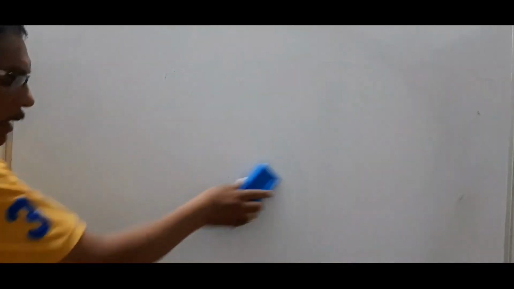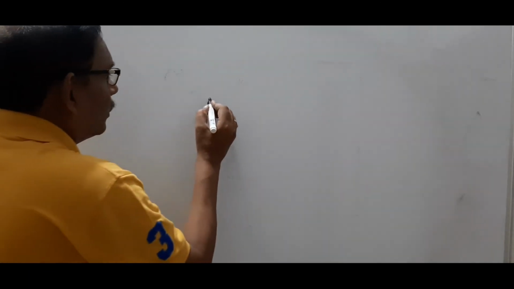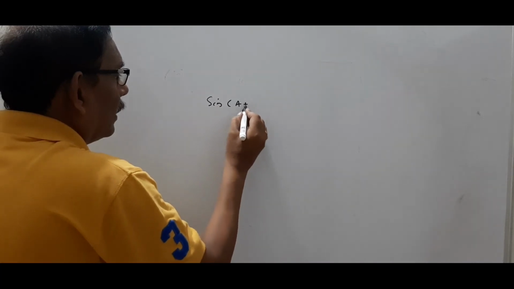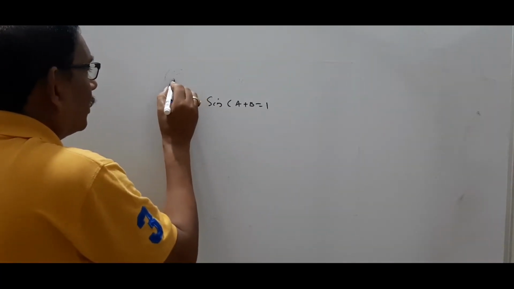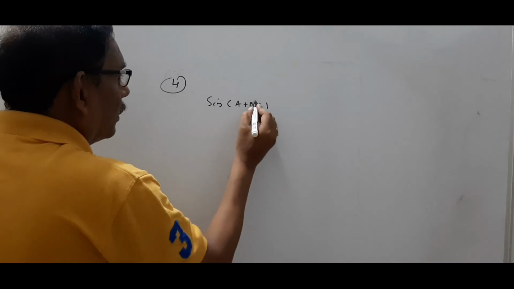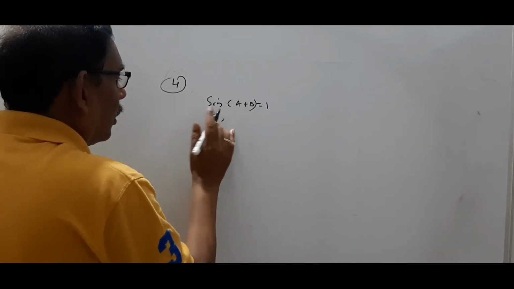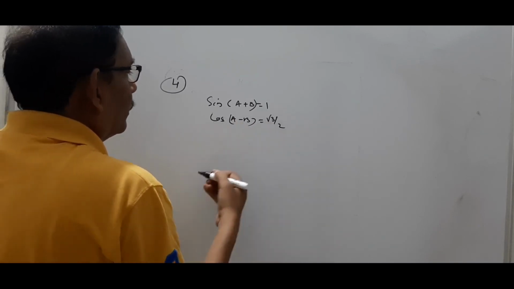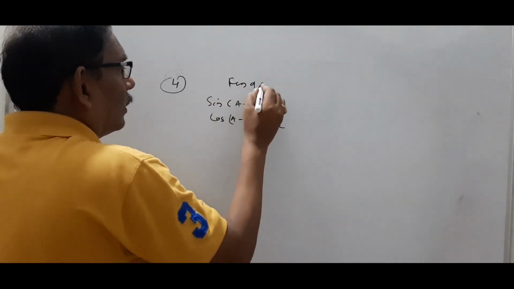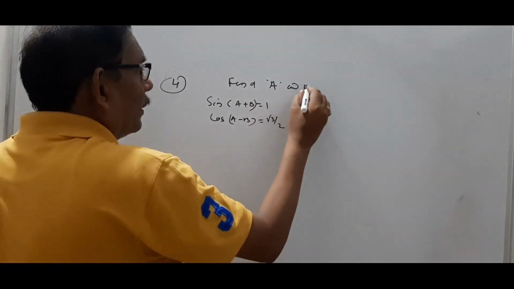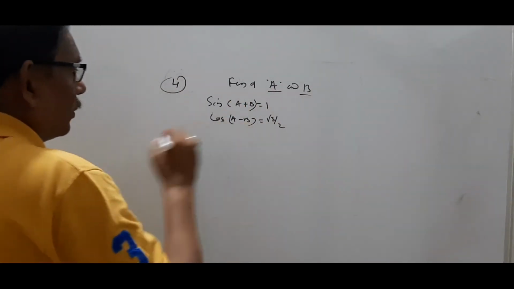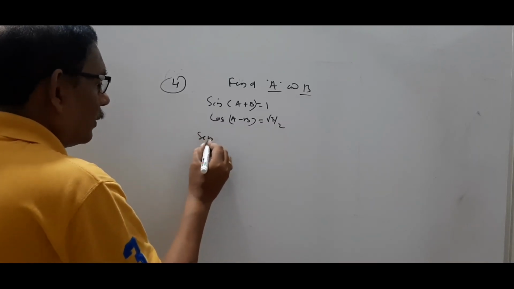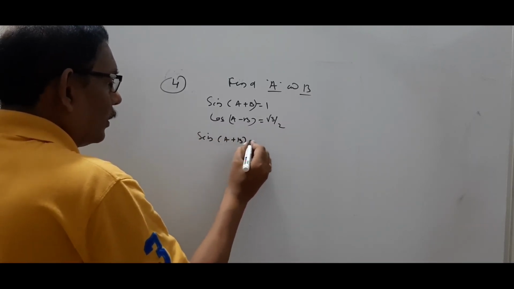Take another example based on angle. Sin A plus B is equal to 1 and cos A minus B is equal to root 3 by 2. Find the angles A and B. These are two different equations, so solve them now. Sin A plus B is equal to 1.